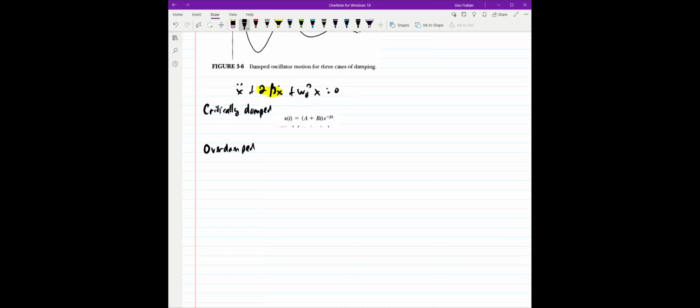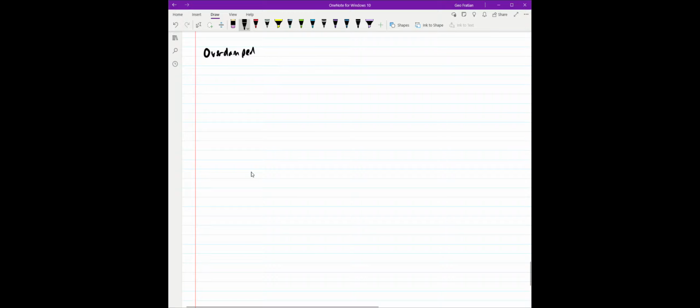Because beta now is even larger than omega naught, and we get too much damping basically, right? So that immediately tells us x of t, again plugging in the same equation, is equal to e to the negative beta t.